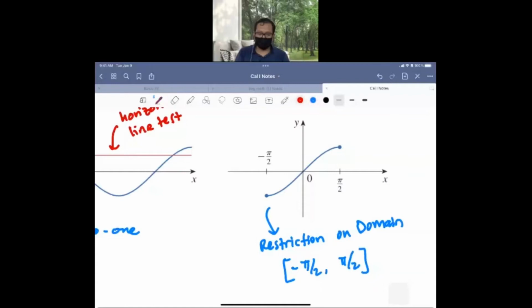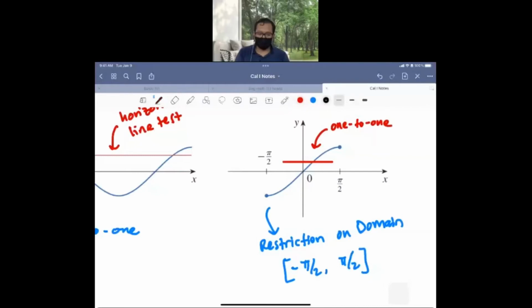Then, if we check with the horizontal line, of course, it's a function that is 1 to 1. Then this part will be 1 to 1. And that's why the sine, in our case here, with the restricted domain, will have an inverse.